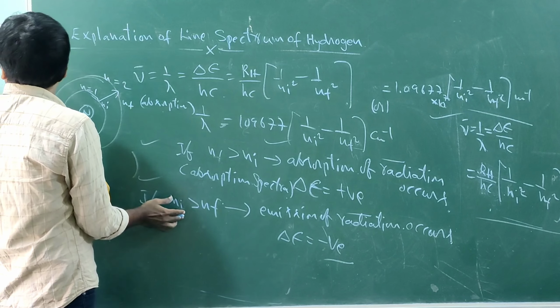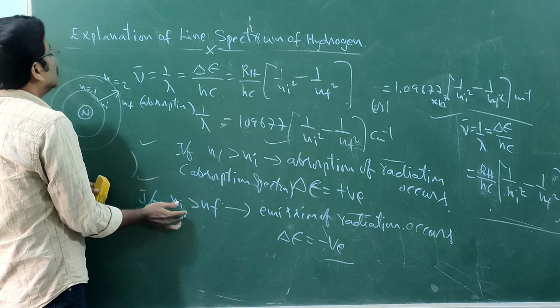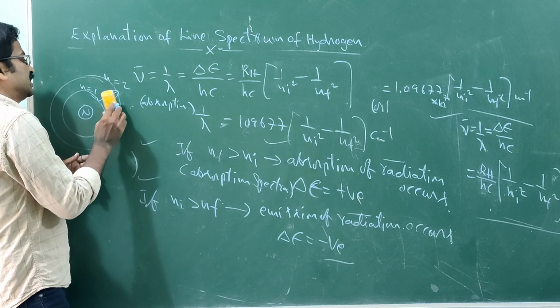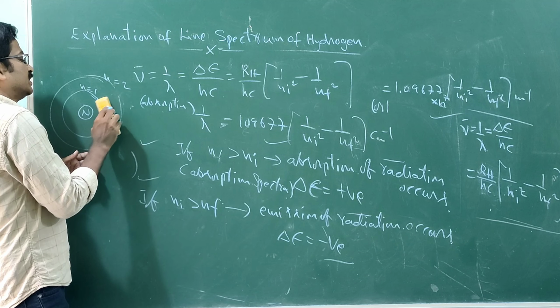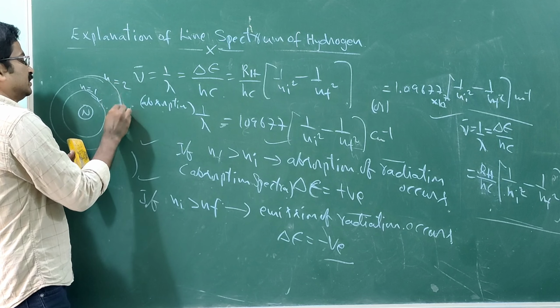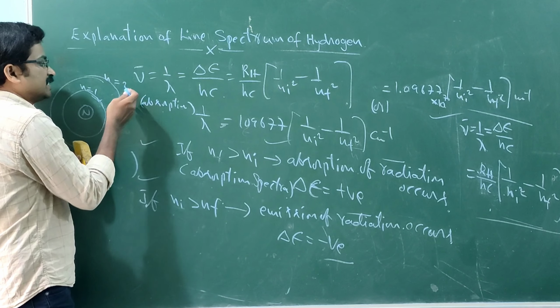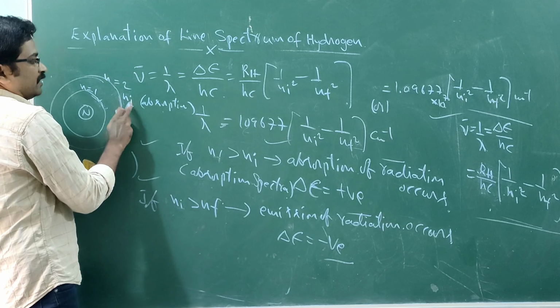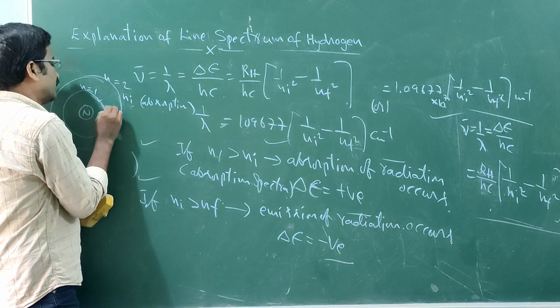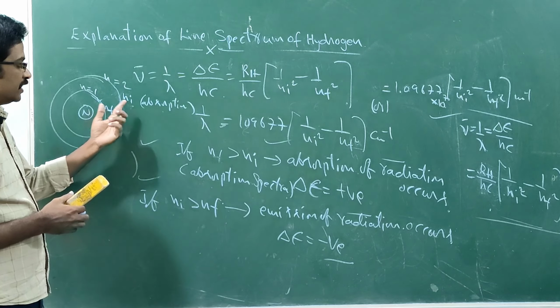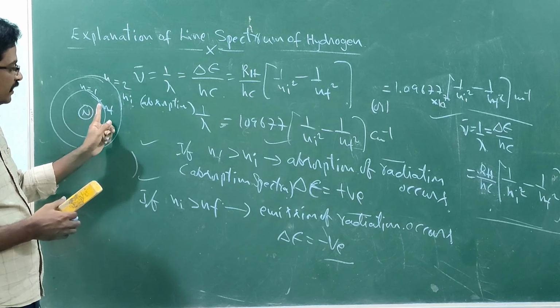Whereas in emission, the initial and final states are changed. The initial point is this one, Ni is the initial, the starting point of the electron is here, and the final state is here.